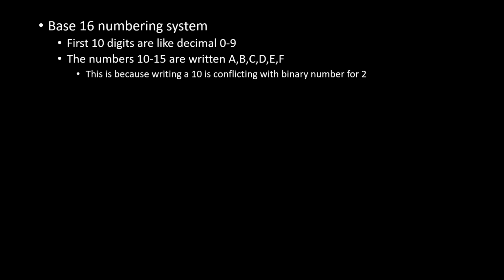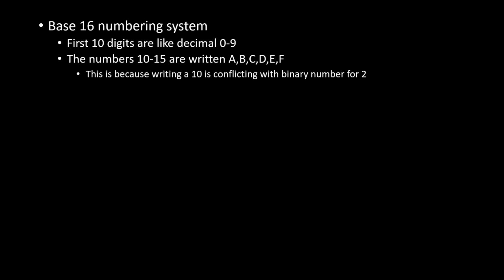And the reason why we do this is because writing a 10 for 10 is conflicting with the binary number for 2. And this is true with 11 also. So instead of doing that, they just write the letters A, B, C, D, E, and F, so it's not confusing for a computer or for a human to distinguish what is a 2 and what is a 10 in hex.